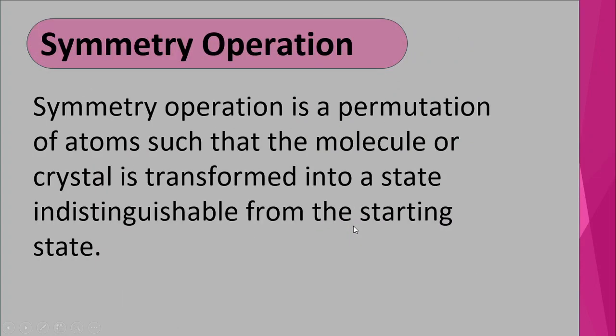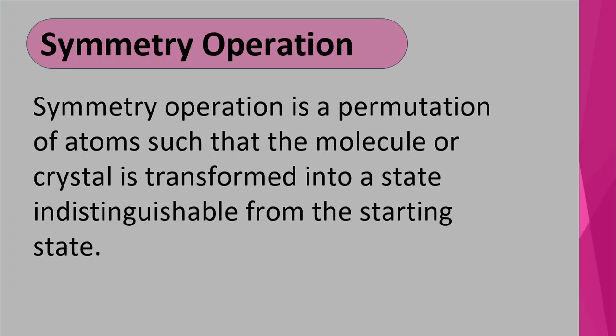What is meant by symmetry operation? A symmetry operation is a permutation of atoms such that the molecule or crystal is transformed into a state indistinguishable from the starting state. Though you might feel this definition is very difficult or very scientific, no need to worry about this. It's very simple.